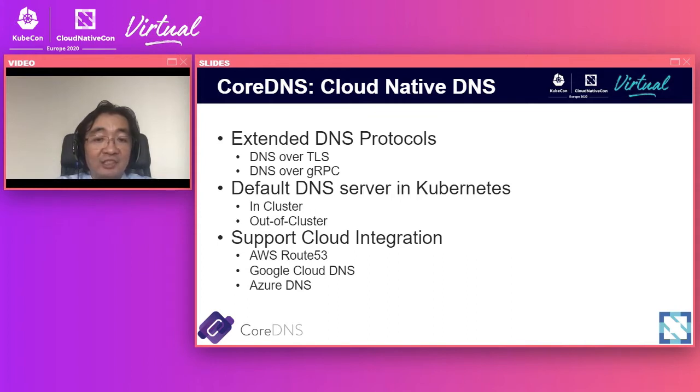Imagine you have a CoreDNS server, and you can think of backends from different cloud vendors such as AWS Route 53 and Google Cloud DNS. That will be very useful because you have one central location to direct your service discovery tasks.